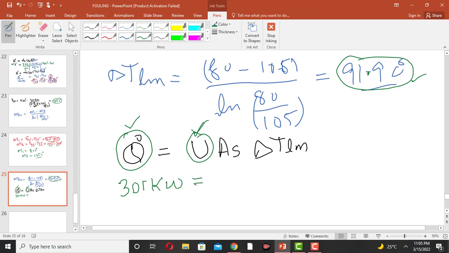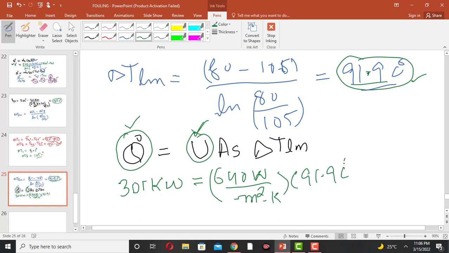The overall heat transfer coefficient is given as 640 watt per meter square Kelvin. The area is unknown, so we can obtain the surface area of the heat exchanger from this relation.